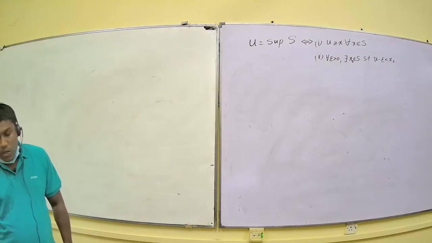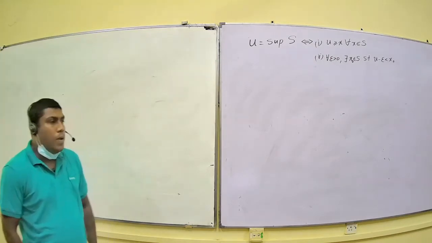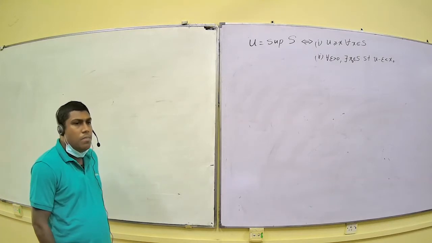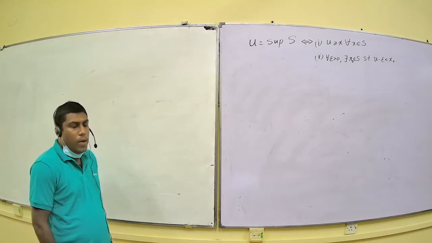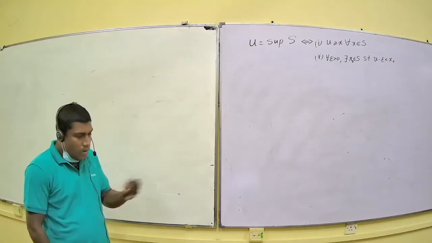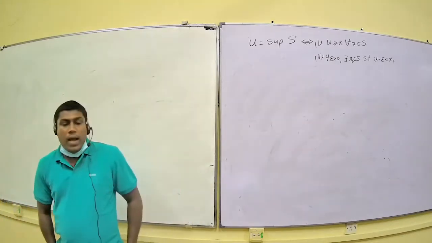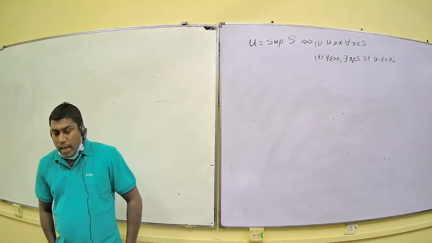After talking about the supremum property and the infimum property, and then seeing the relationship between supremum and infimum, for the existence of supremum and infimum, we defined the infinitesimal characterization of the supremum.